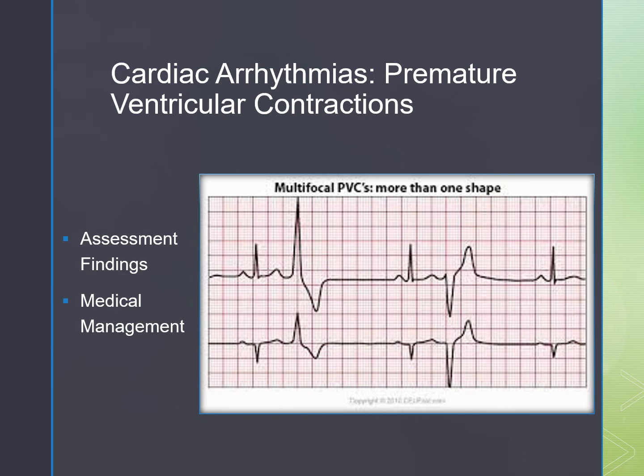If we have multifocal PVCs, which is what you see in your slide, so the configuration of that wide, bizarre QRS complex looks different. That is a multifocal, so it originates from more than one location in the ventricle.